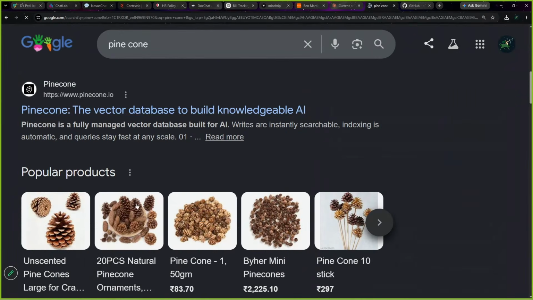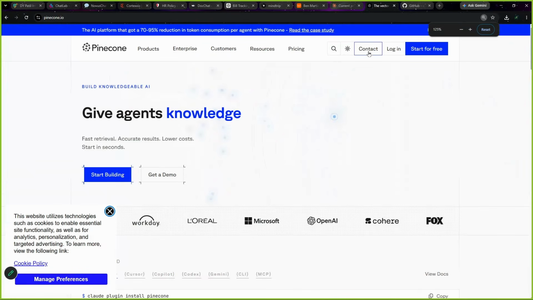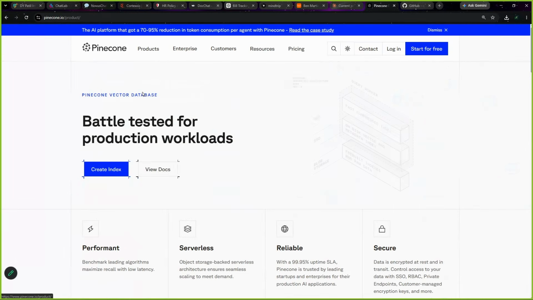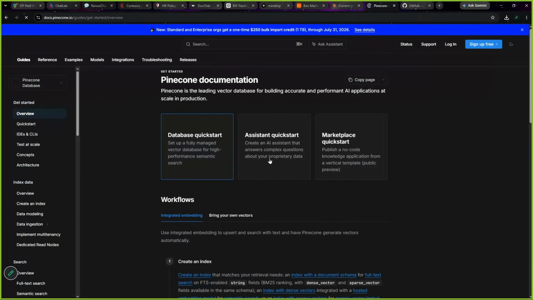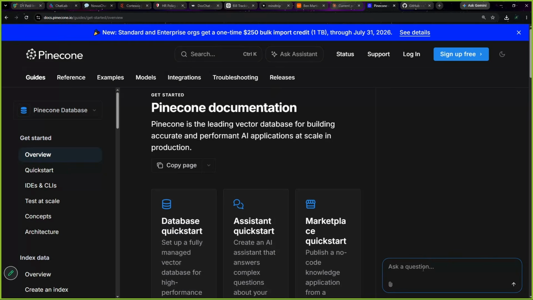Okay, Pinecone, the vector database. You can read about it: resources, products, Pinecone database, view documentation, and again you can see here also an ask assistant. So I'm showing you a RAG use case. Can I store image vectors in Pinecone?